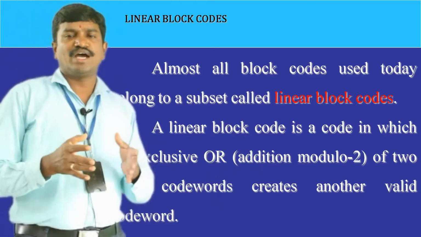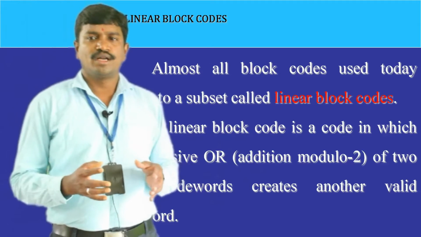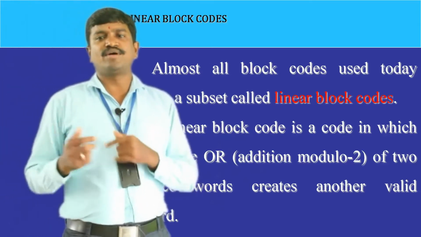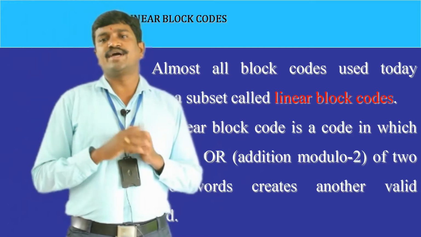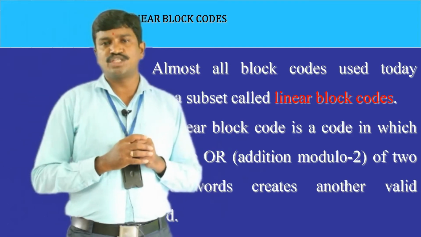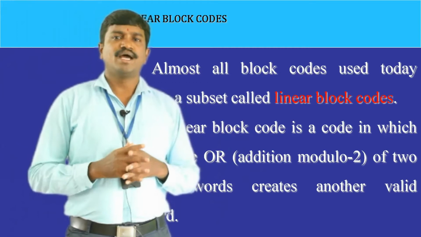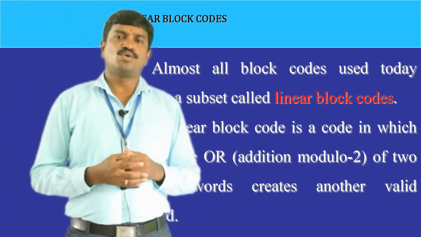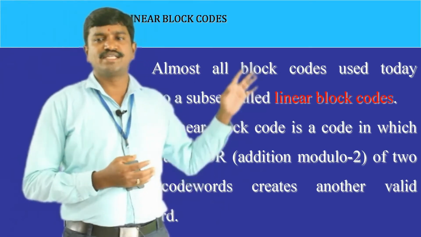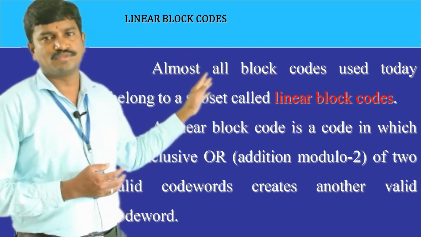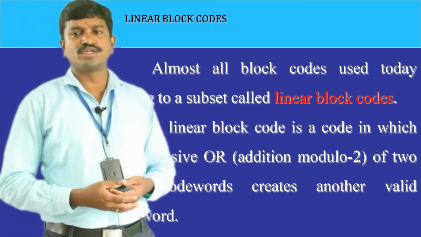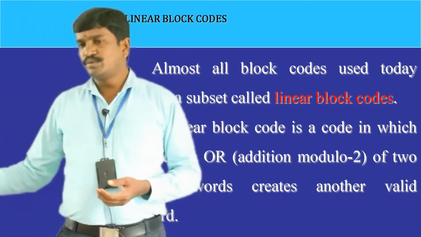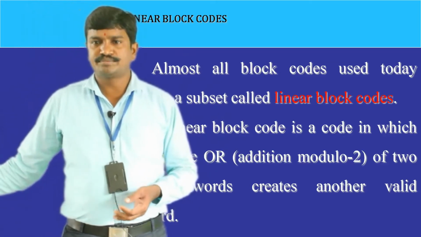Means if you have 4 valid code words, I take 2 and perform XOR. That XOR will result in one of the remaining ones. If the property holds for the code words, then you can call it linear block coding. That is the basic definition, and according to these principles the code words are created. We will see that in the next slides.